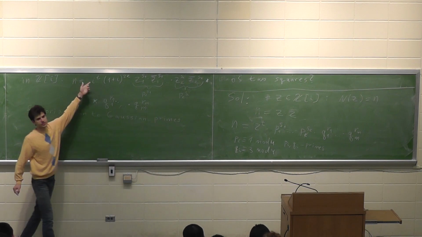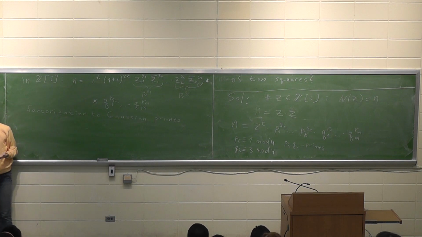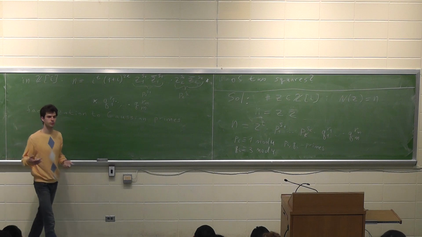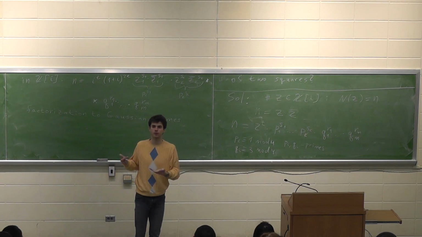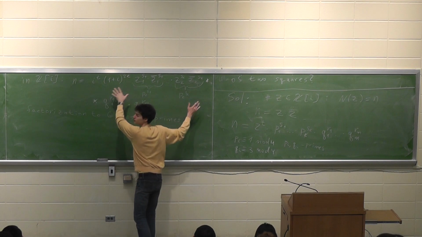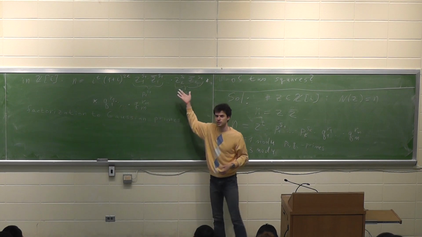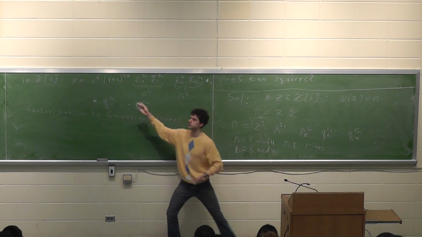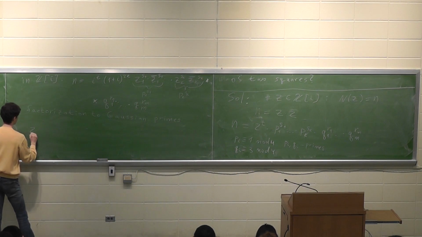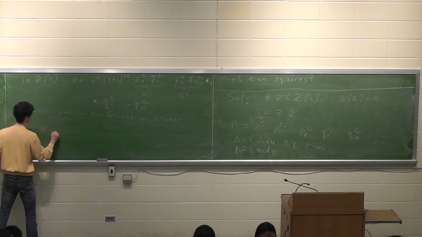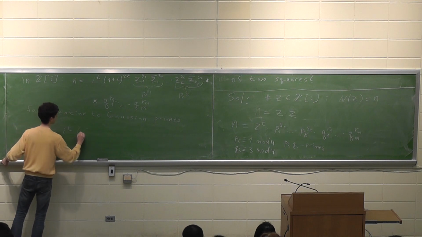And now I want to write this number as z and z conjugate. Well, z and z conjugate are both Gaussian integers. So they must be composed somehow of Gaussian primes, and in fact of these very primes, the ones which already appear here, because their product is equal to n. So let's try. I want z times z conjugate to be equal to this number.